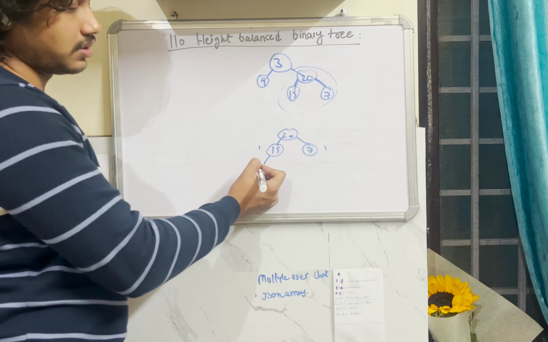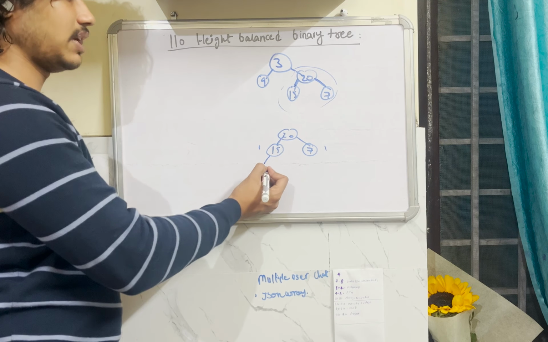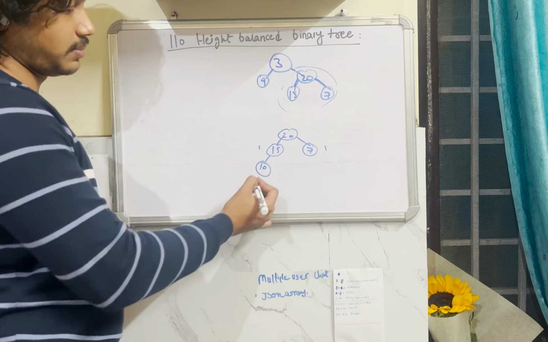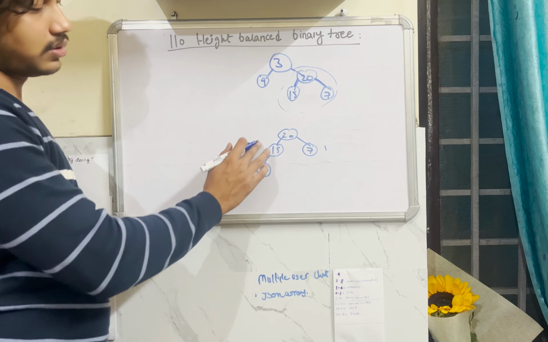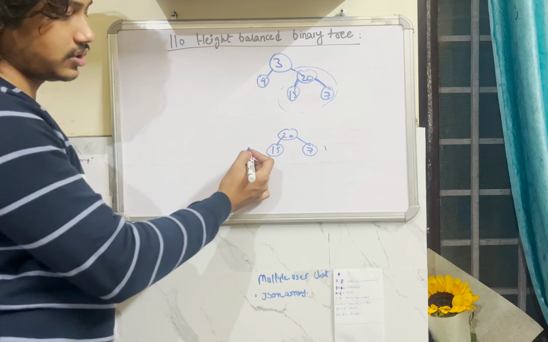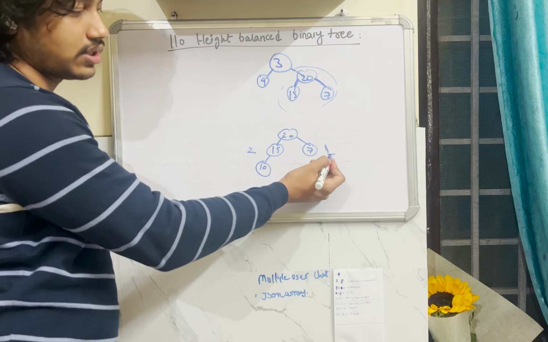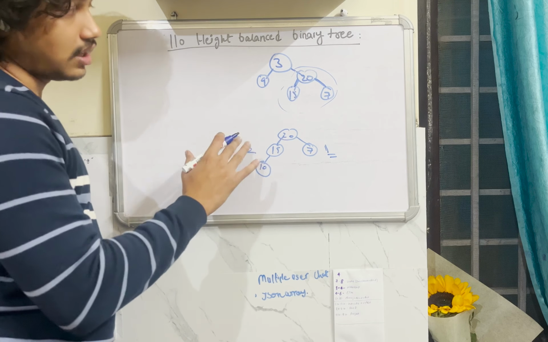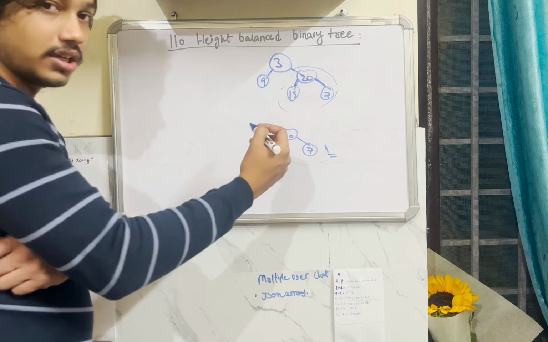If we add another node, for example 10, the depth on the left side is 2 and on the right side it's still 1, and this is still a balanced binary tree, so we return true.